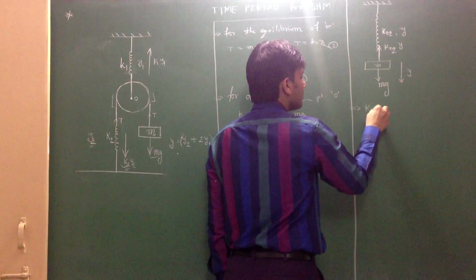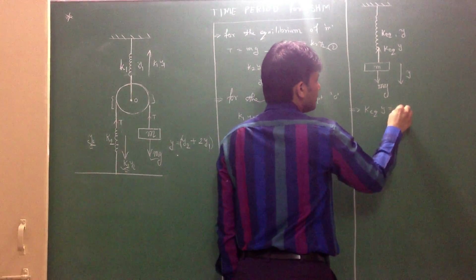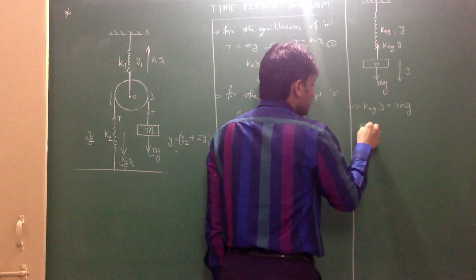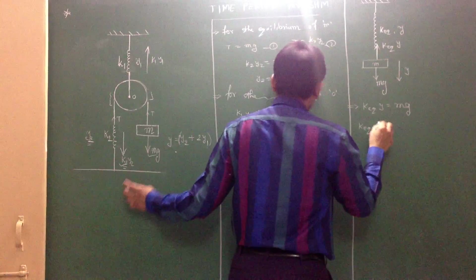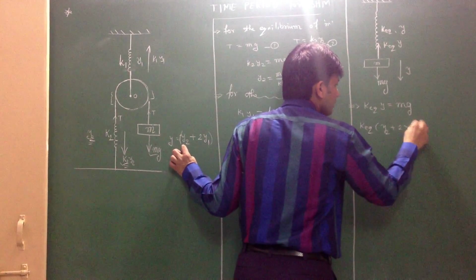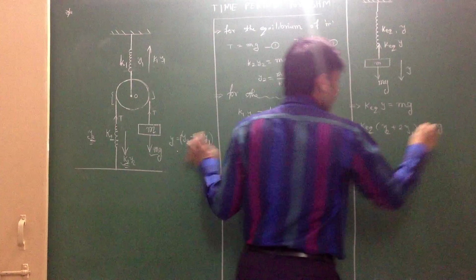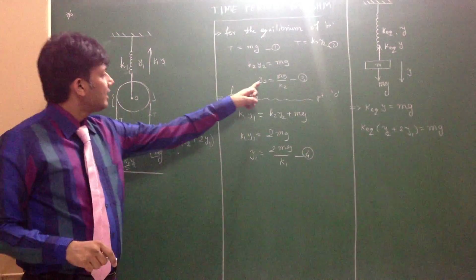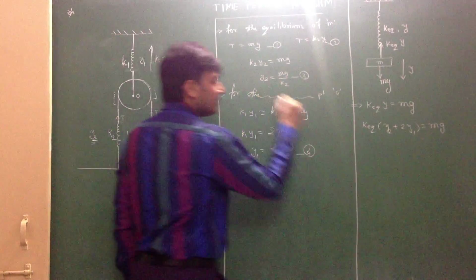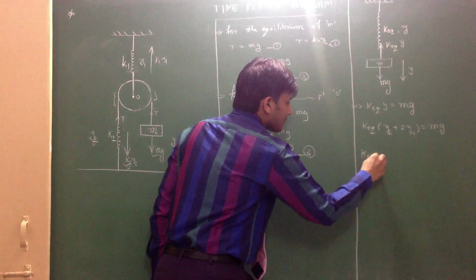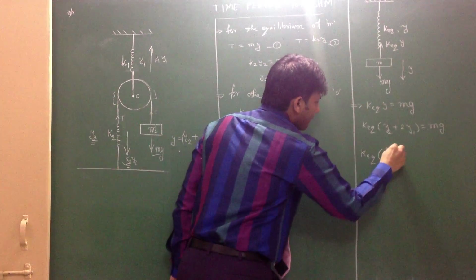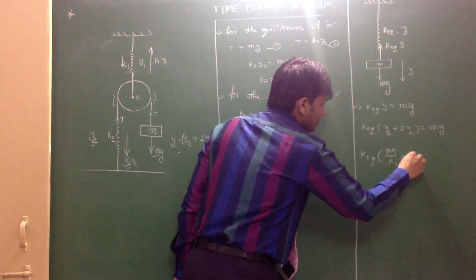So K equivalent y is equal to mg, but this y is y2 plus 2y1. We have these ready-made values of y1 and y2. I will plug in these values over here. This y2 is mg upon K2.